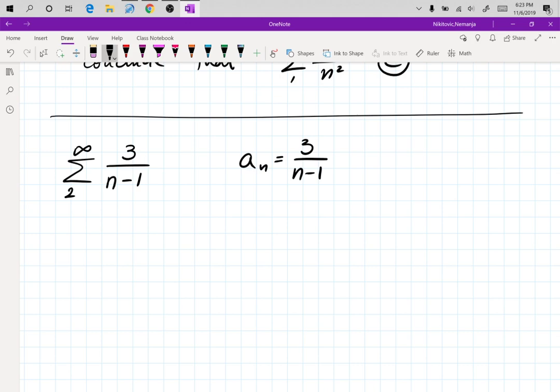But that minus 1 over there prevents us from using the integral test. Or we could use the integral test. But you can now say bn is 3 over n. And you know that summation of 3 over n diverges by harmonic.